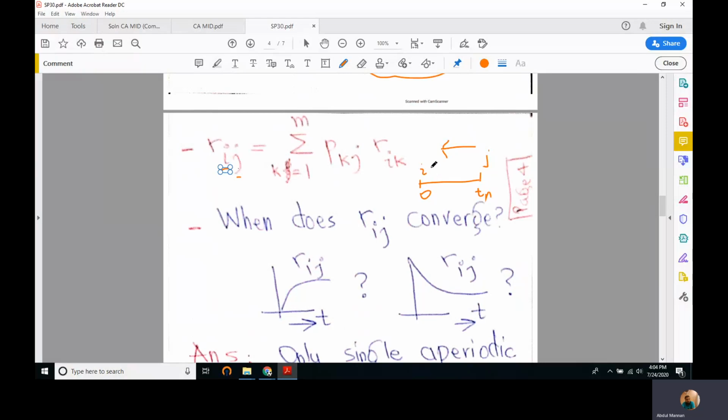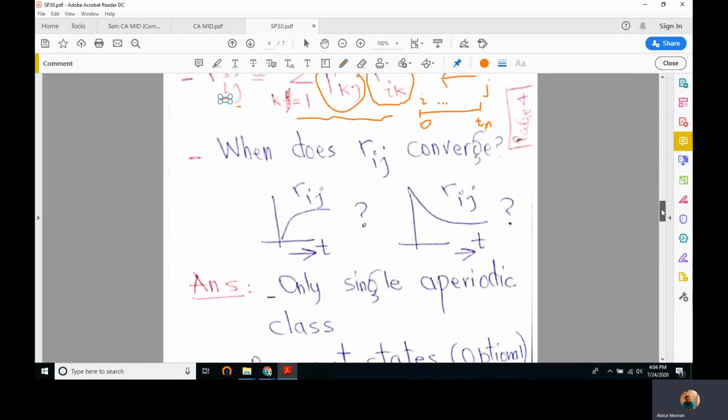Graphically, this means that we started from state i at time t equal to 0. What is the probability that at time n the process is in state j? This is solved using this recursion based formula, where this is the transition probability and this is the same r but with some different subscripts.